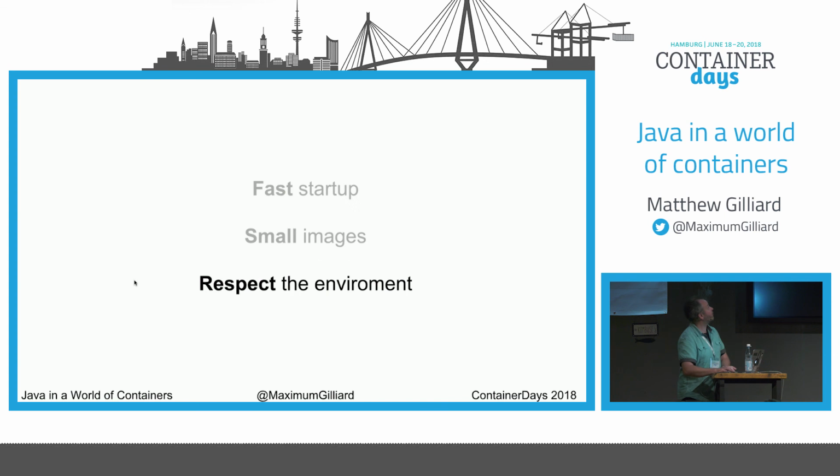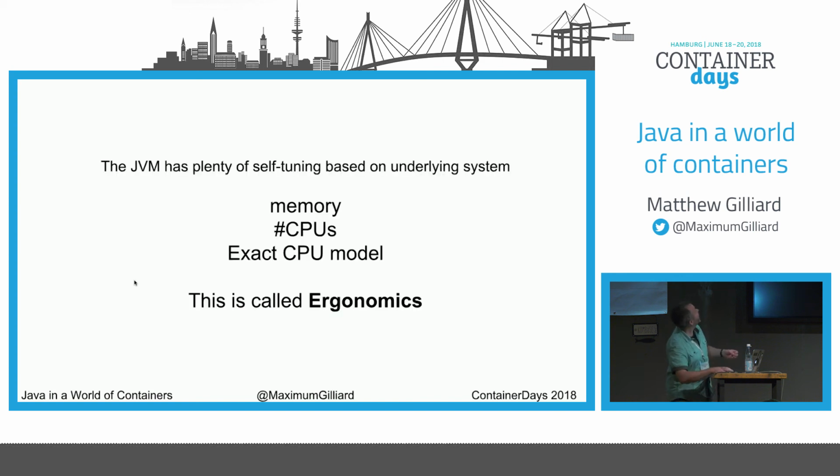Next, respecting the environment. So like I said, a container is a sandbox. There are rules. You're not allowed to do all the things that you would be if you were a process just running on the host. And if you don't respect those rules, you're going to have a bad time. In particular, the JVM does a lot of self-tuning, right? The JVM is a 20-plus years old application.